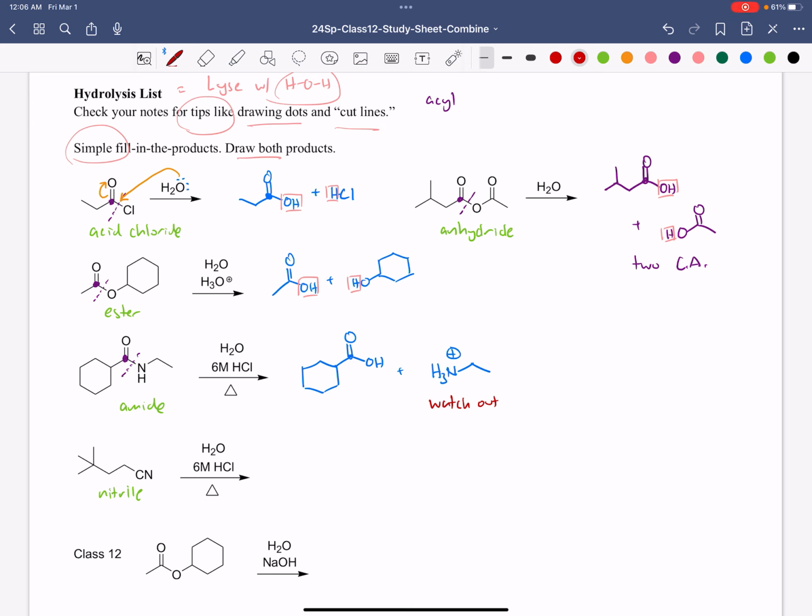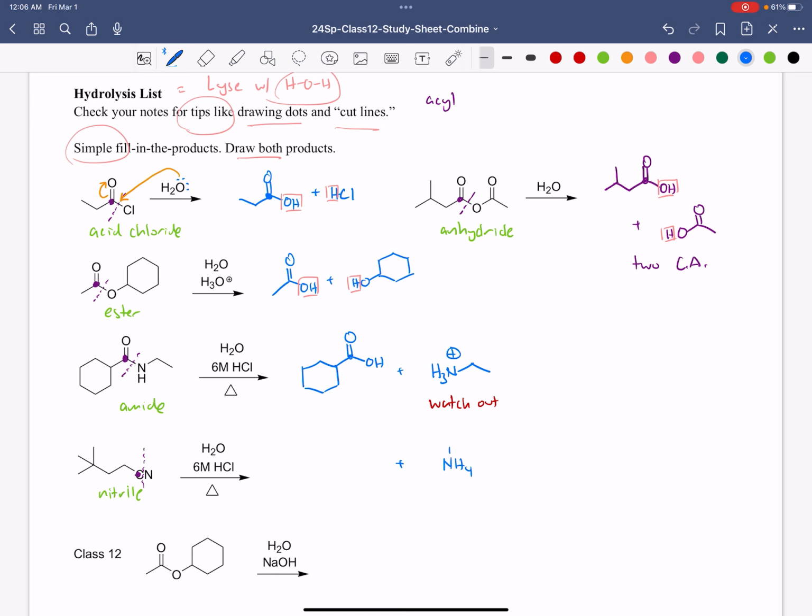And it's the same thing with nitrile. Your dot is this carbon here. Do you see that? I don't like drawing it on the letter C, but I'll do it here. Your cut is actually that. So you have a naked letter N. That N had to have left as NH3. It's neutral, but it picks up another proton from HCl.